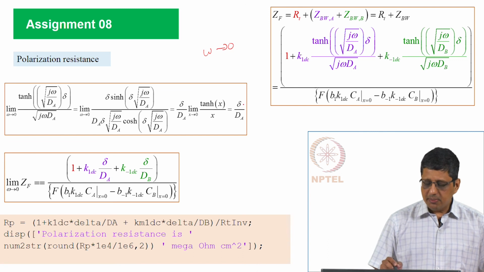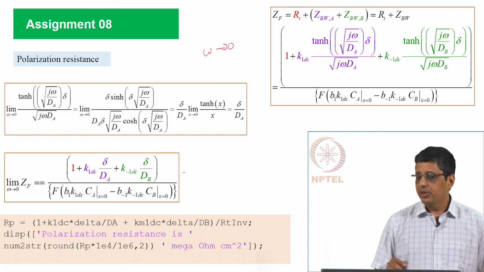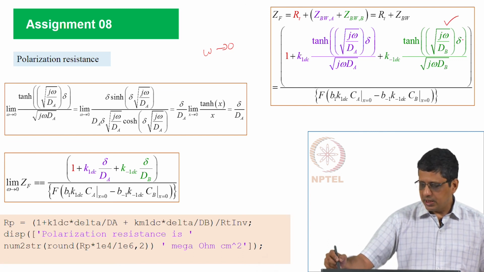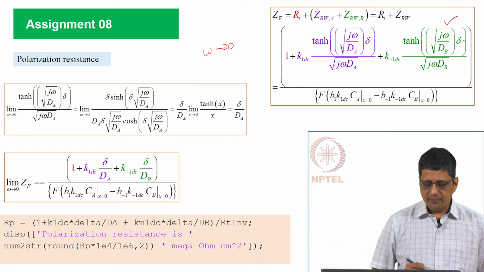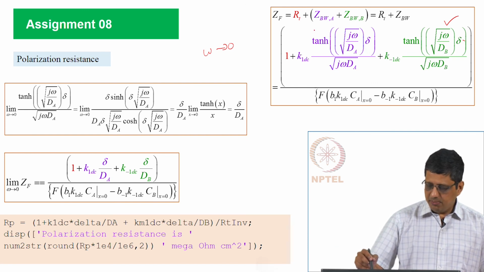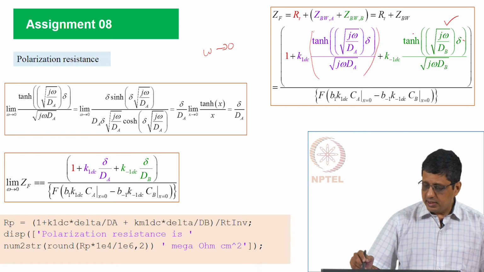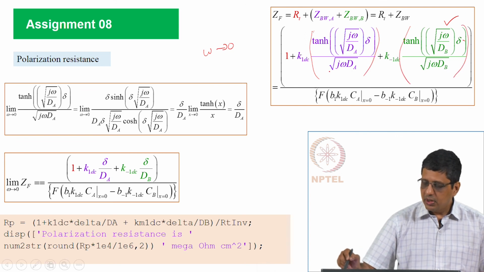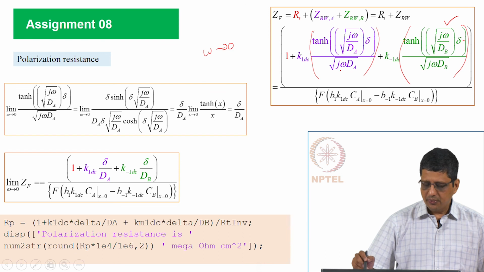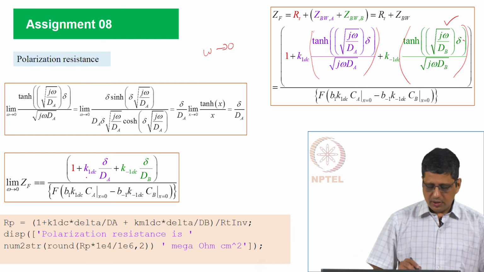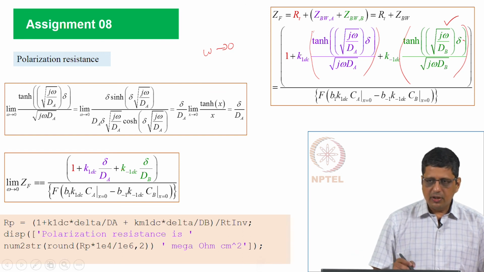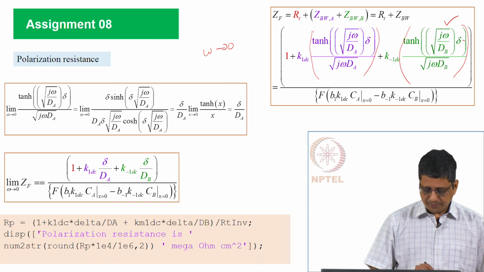You can show that that becomes equal to delta by dA. Similarly, the second expression becomes delta by dB. So, this simplifies to delta by dA, this simplifies to delta by dB when omega tends to 0, and then you can substitute for these values and get the value for polarization resistance.